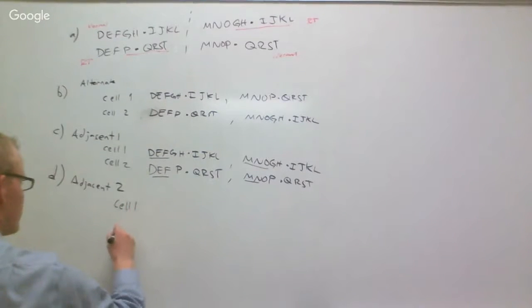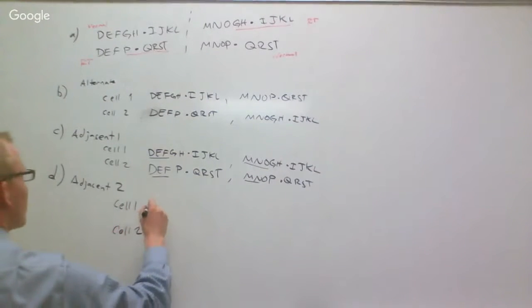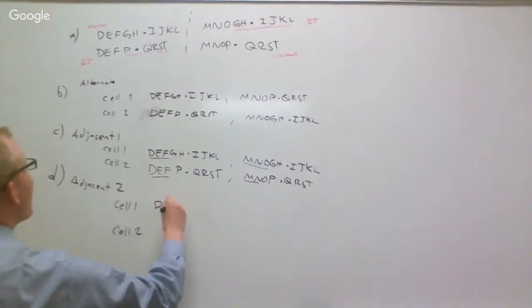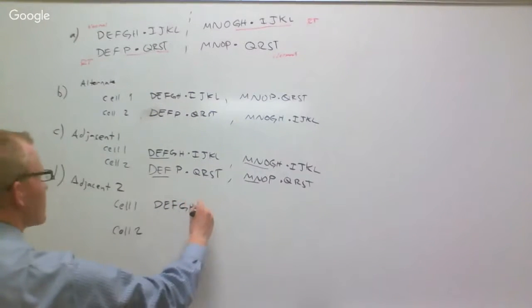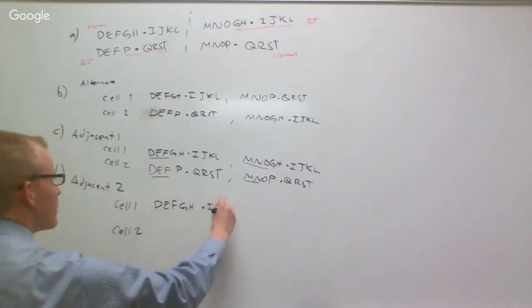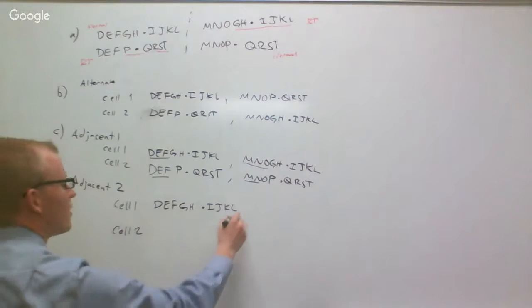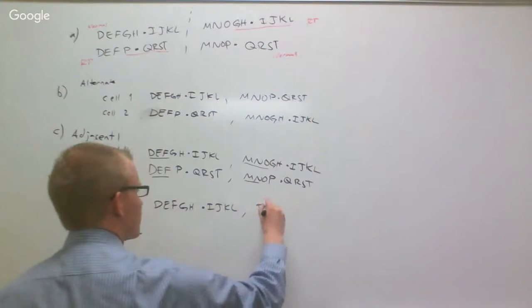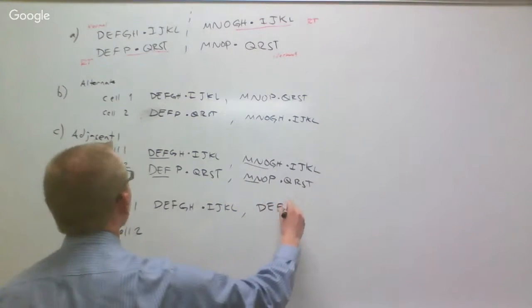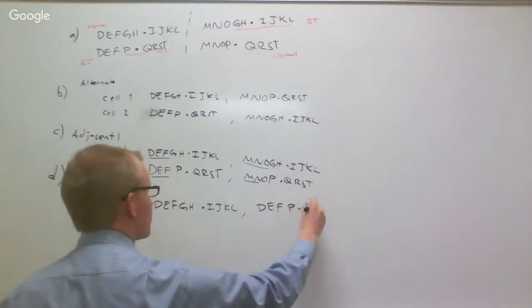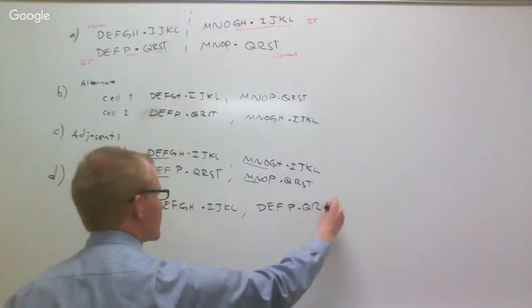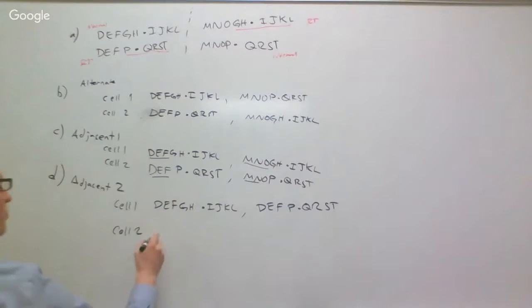Cell 1 and cell 2 will have D, E, F, G, H, centromere I, J, K, L, followed by D, F, P, centromere Q, R, S, T. Let's move forward.